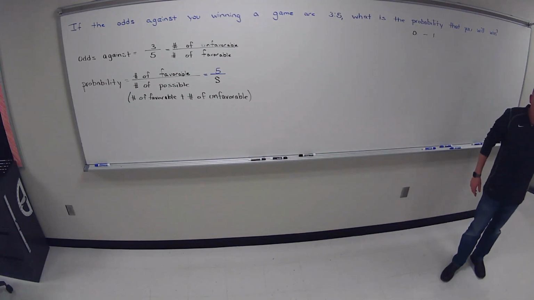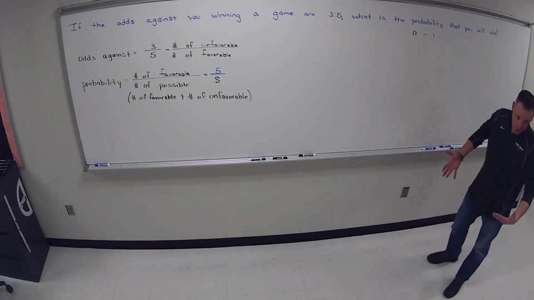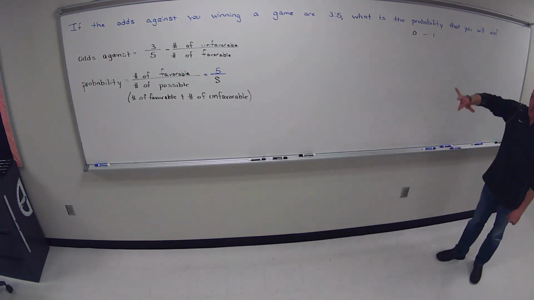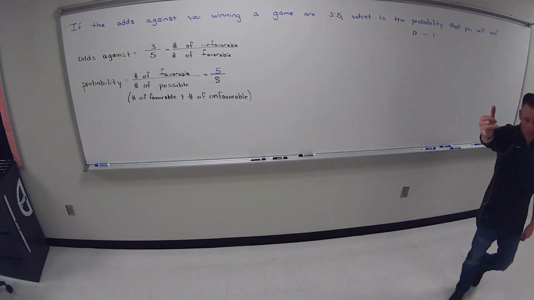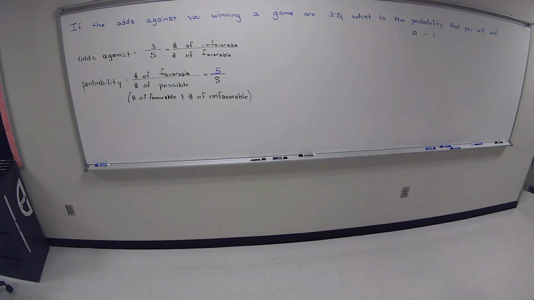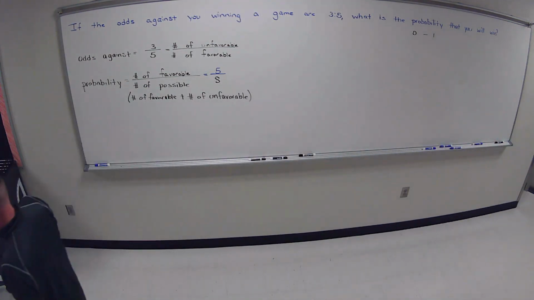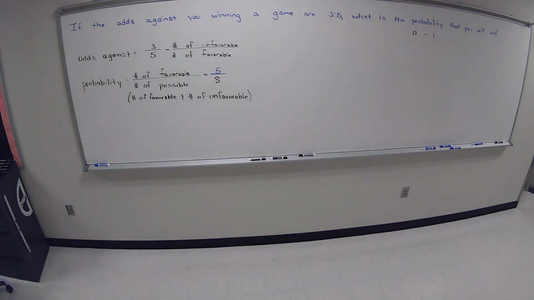But one of the things I want you thinking about along the way is what's reasonable. Yes, there was a time with odds against that we just flipped it, but then you have to realize that's telling you odds in favor, which is not what that question's asking. This unit has a lot of different ways we're going to do things and a lot of vocabulary you're going to need to know. You've got to know the difference between probability, odds in favor, and odds against as we go through all of this.